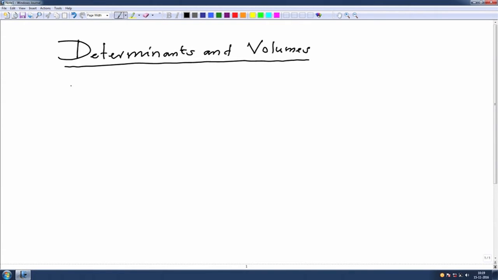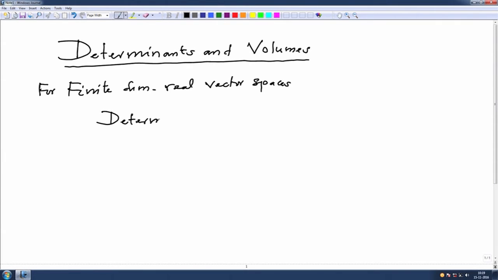For finite dimensional real vector spaces, determinants and volumes.